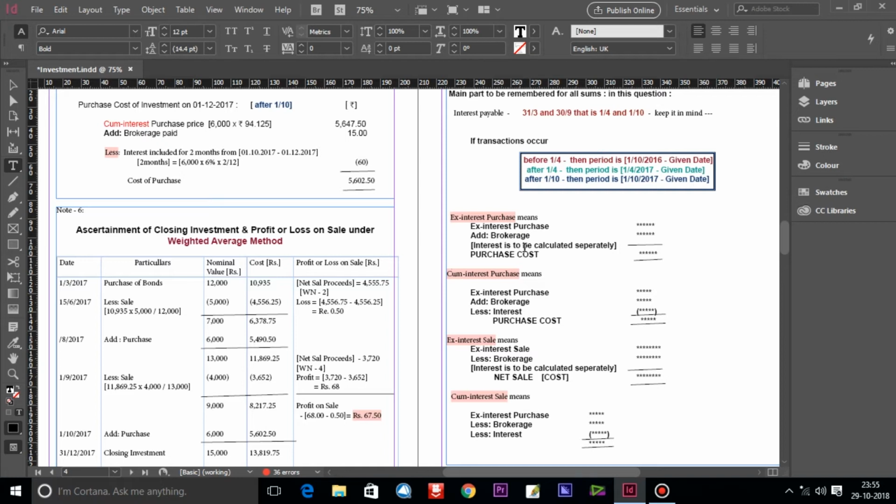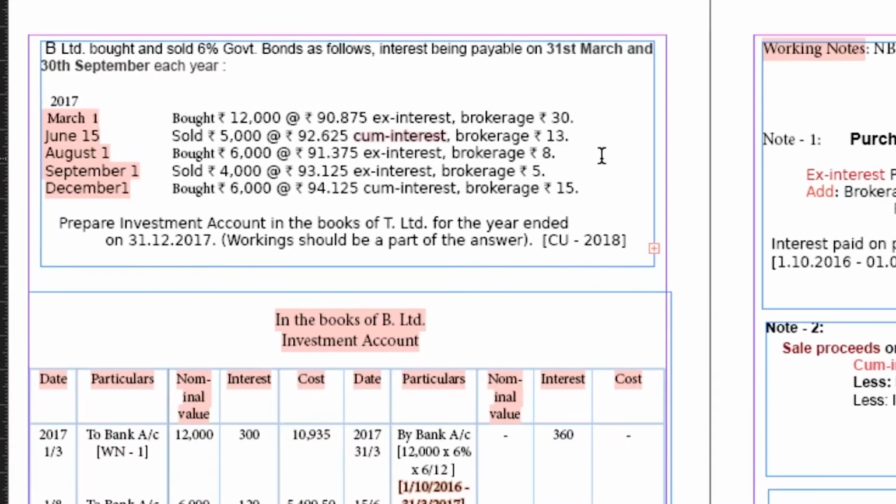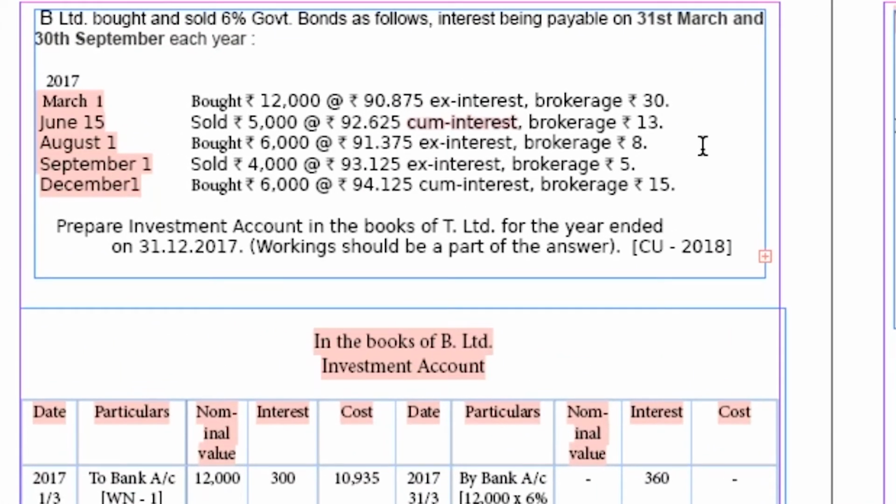Next part, you have to remember that if the date given in the question, the first transaction happened on March 1, 2017.